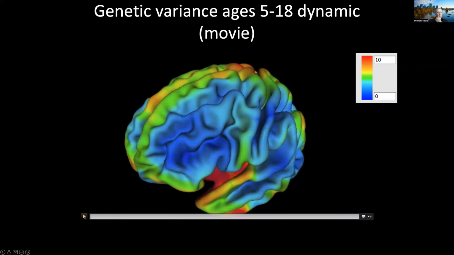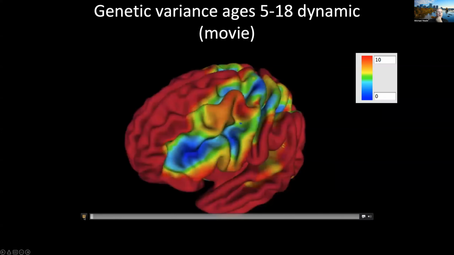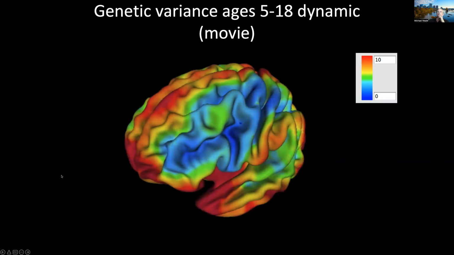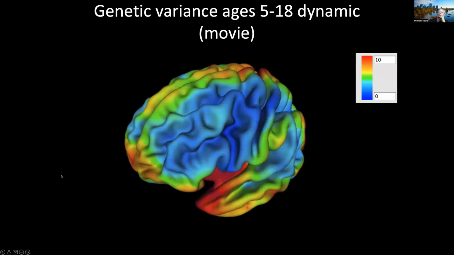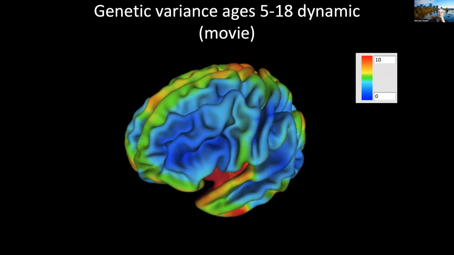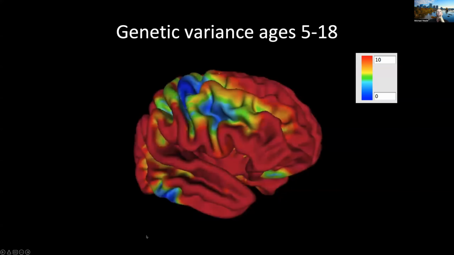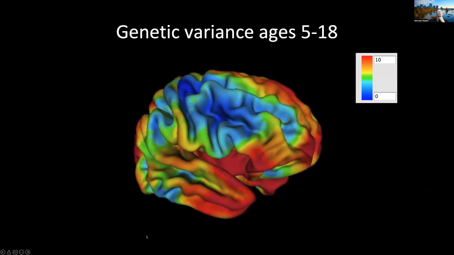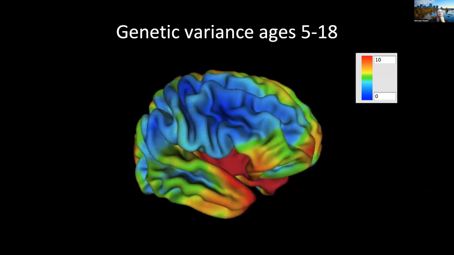I really want to rub that point in today. So it starts off with a lot of genetic variance, and especially in the upper areas, but then declines generally to a more green-blue pattern over time. And here we see the other hemisphere doing the same thing.